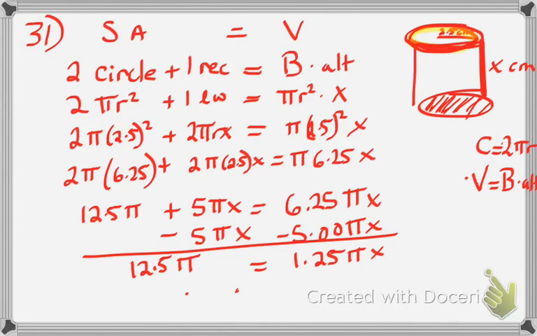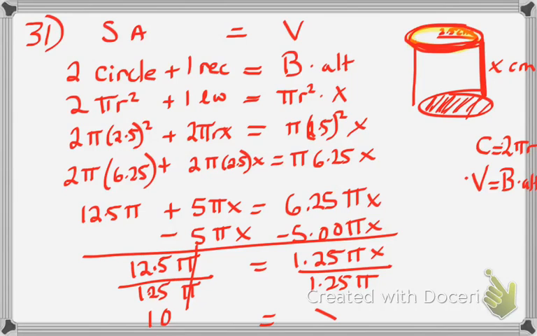We're trying to solve for x, so I divide both sides by 1 and 25/100 pi. These cancel out. When you divide 1 and 25/100 into 12 and 5/10, you end up with 10 equals, and what's left is our x.